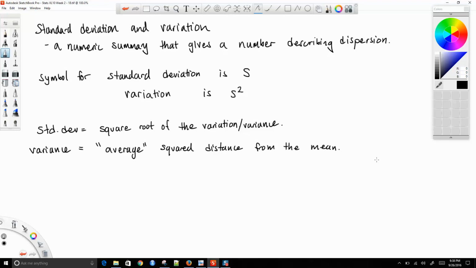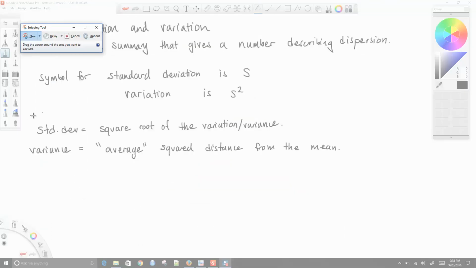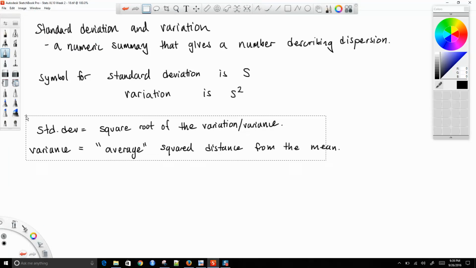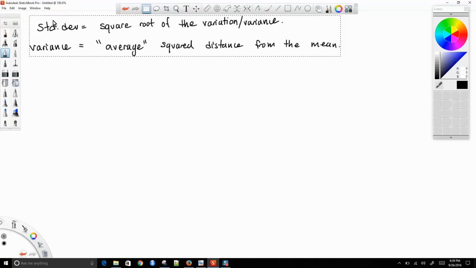Okay, so let's try this out. I'm going to copy these definitions onto our next slide. You don't have to write them up again, but just so they're here. The standard deviation is the square root of the variance, and the variance is the average squared distance from the mean.